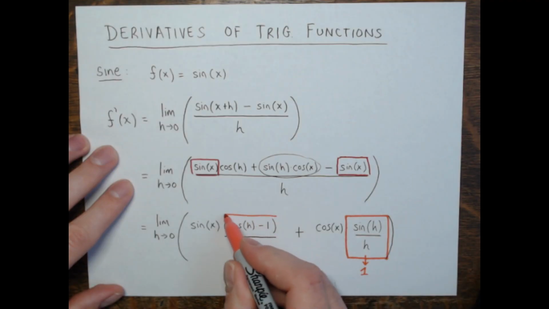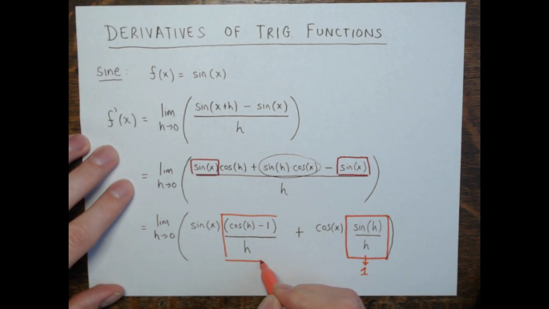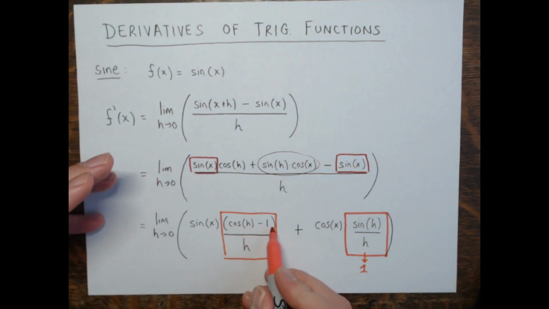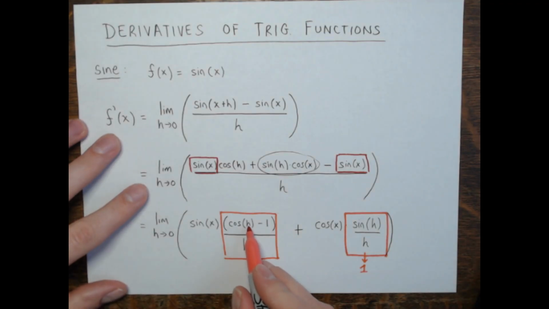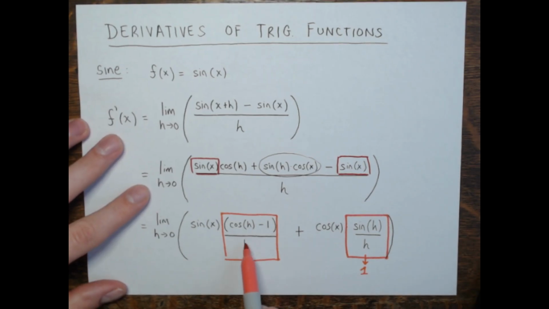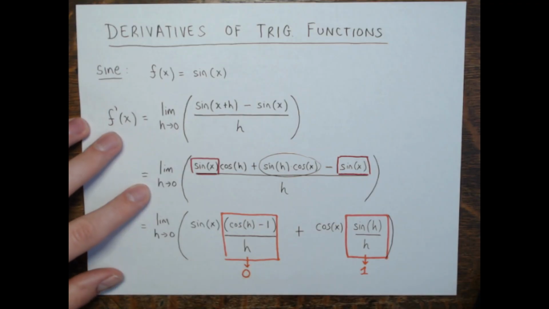And then another special limit involving trig: the cosine of something minus 1, or 1 minus the cosine of something, divided by that same thing inside the cosine. So cosine h minus 1, all divided by h, as h goes to 0. Remember that expression has a limit of 0.